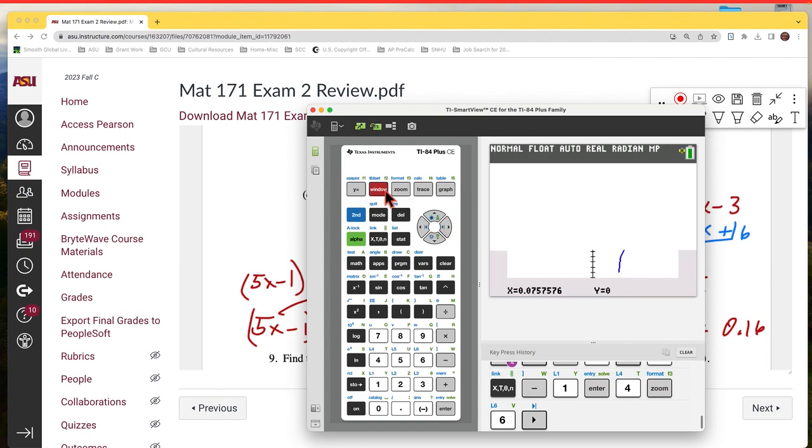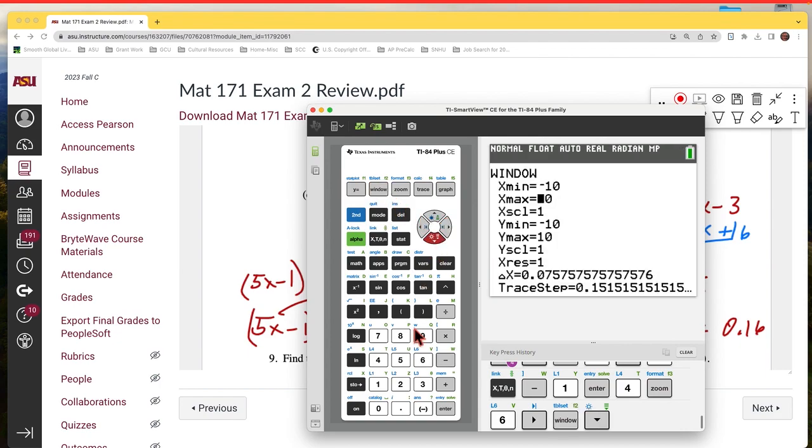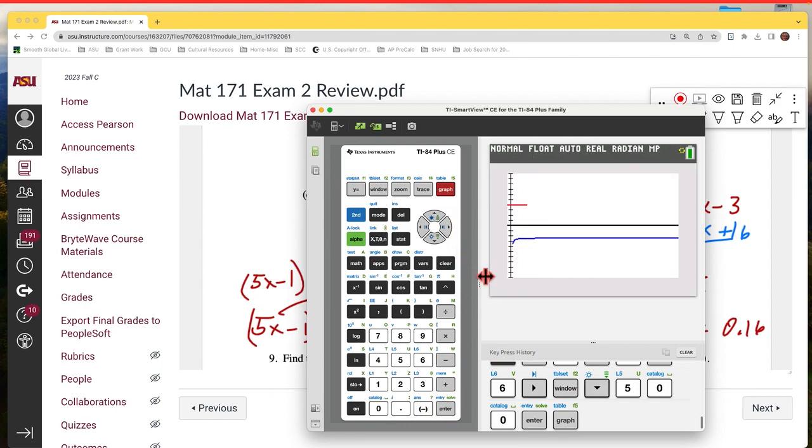Let's take our window, make our x max maybe 500, and see if we get far enough out. It doesn't look like it's going to intersect, does it? That's what no solution looks like. The two lines never meet.